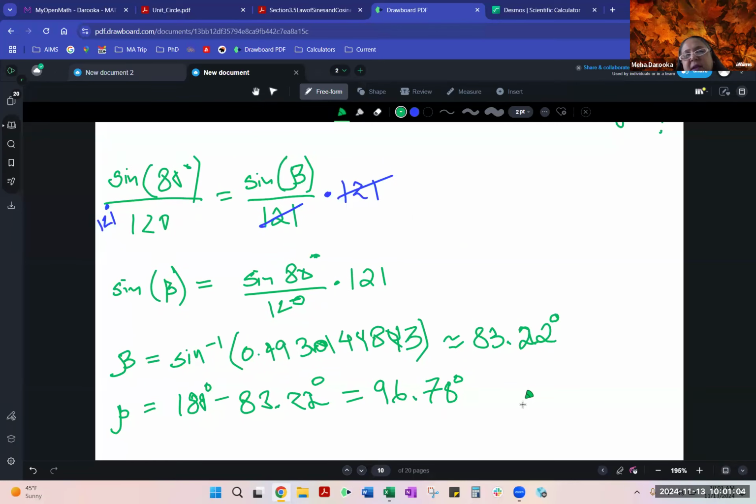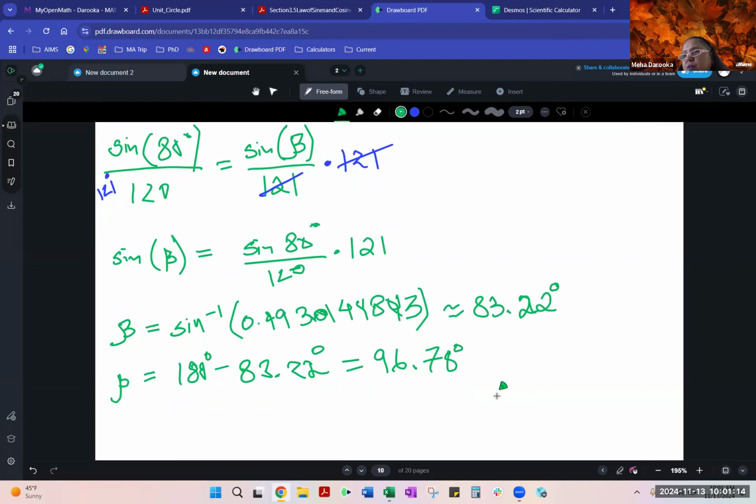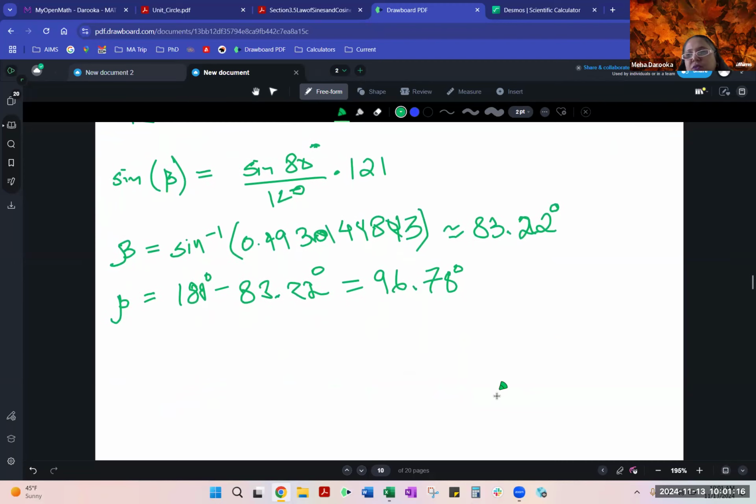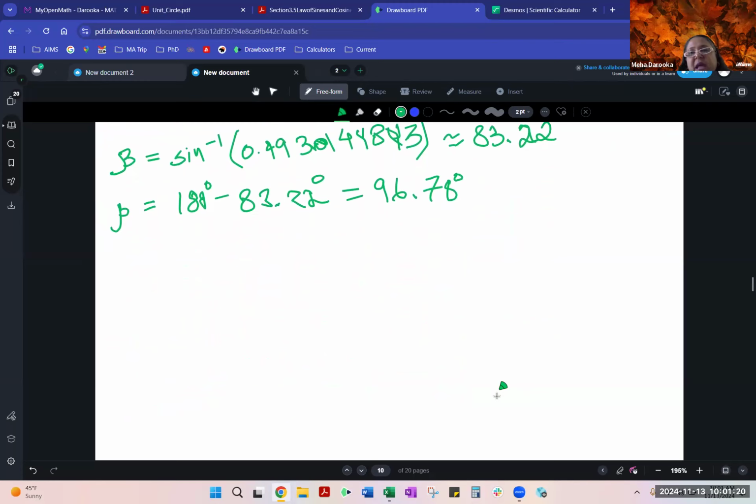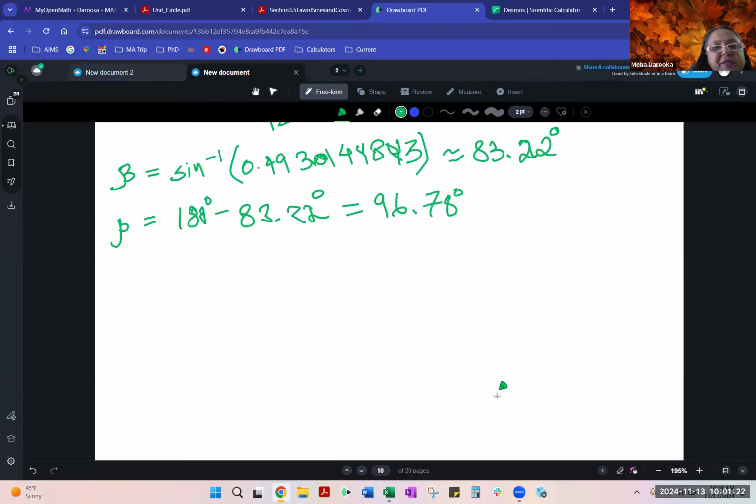Since my original angle was 80 degrees for alpha, obviously with these guys being 83.22 and 96.78, we still have room for the third angle to accommodate within that 180 degrees, right? So we would actually need to keep both of these solutions.